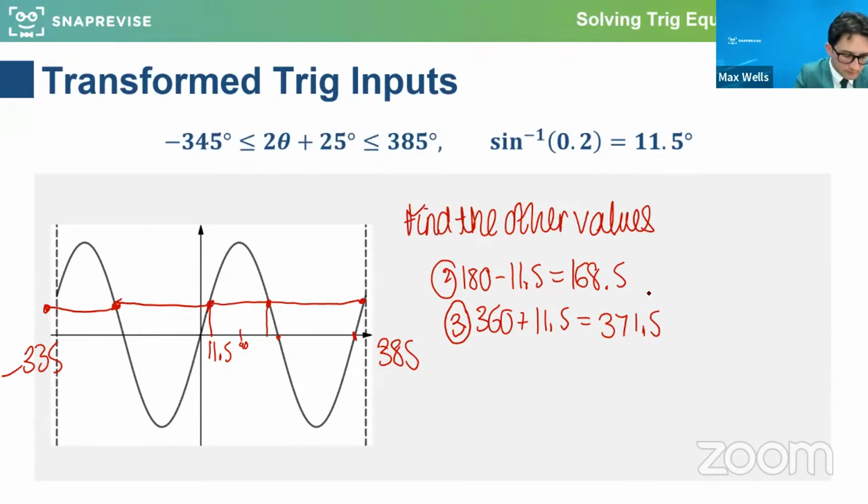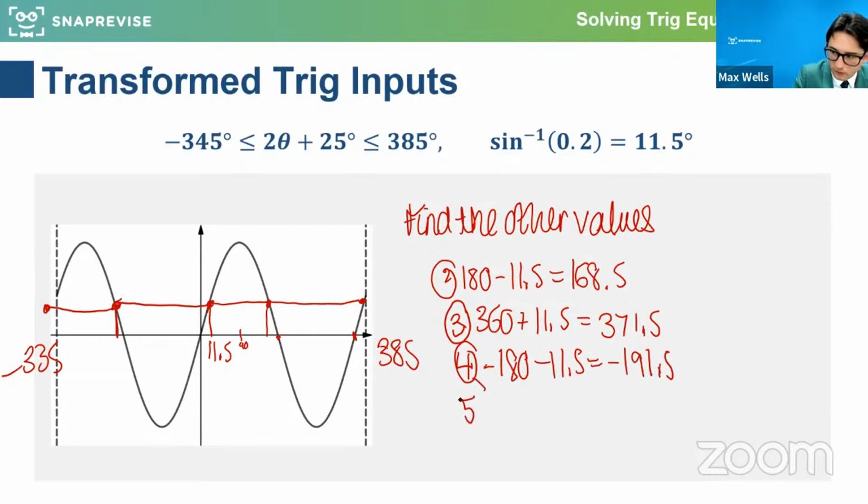And then this one here is like minus 180 plus 11.5. Sorry, minus 11.5, which is minus 191.5.